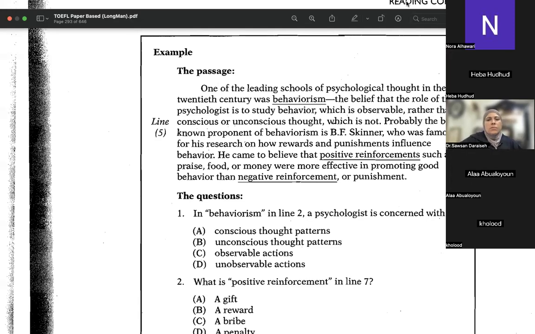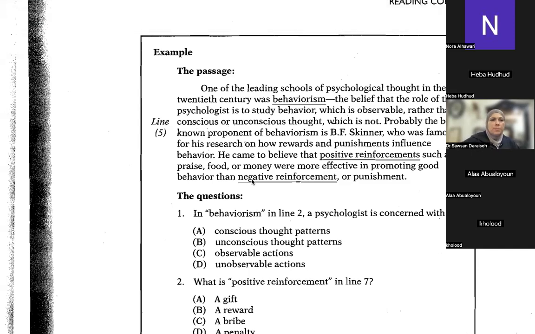Doctor, I answer number C. Observable action. Good job. Yes, because A and B are incorrect, both consciousness and unconsciousness. Unobservable wasn't talked about at all. Exactly. He talked about observable. So this is the opposite.